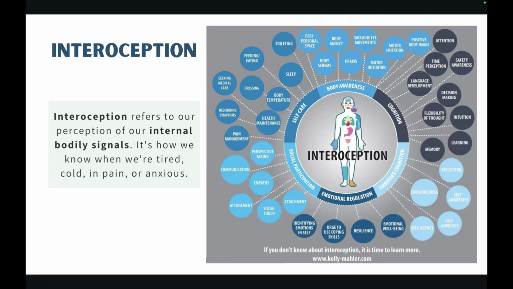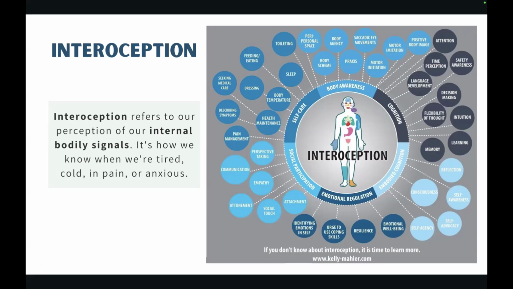And yeah, does anybody have any questions on any of this stuff so far? There's some comments in the chat about the ADHD, autistic people, and motion sickness overlap. And a shout out to Kelly Mahler, who's credited on your slide right now.